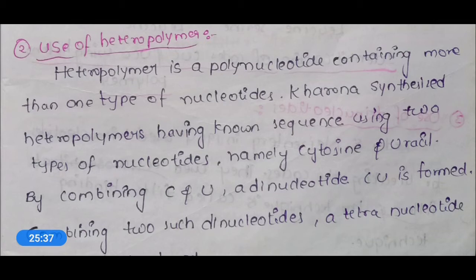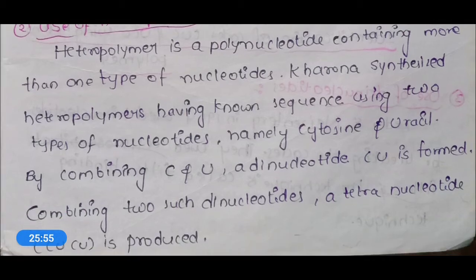From the four kinds of nucleotides, he took cytosine and uracil. So he developed a combination of C, that is cytosine, and uracil U, and finally CU is formed. He combined dinucleotides into tetranucleotides.